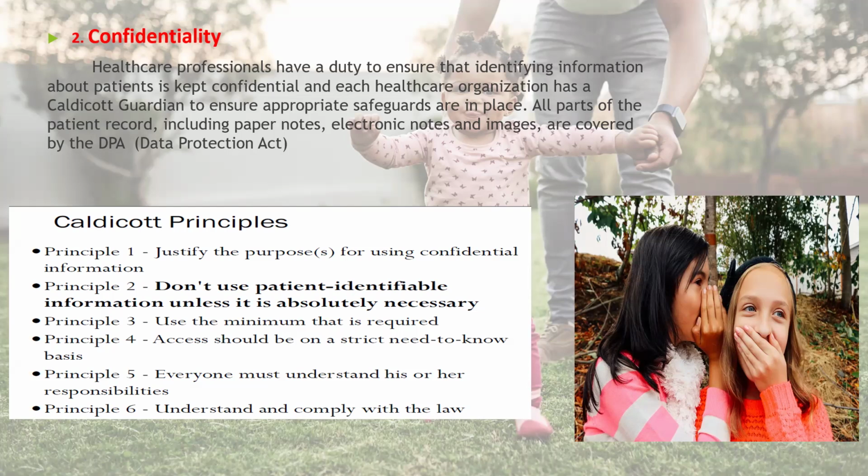I didn't take permission from this girl to let him know about that. Or, for example, a sister comes asking for information about her sister, one of our patients. We cannot tell her this information unless the patient comes and agrees to let her know about that. This will be considered patient safety.